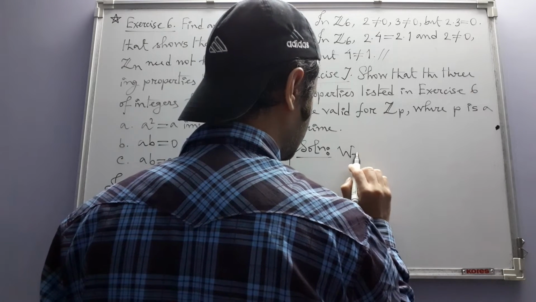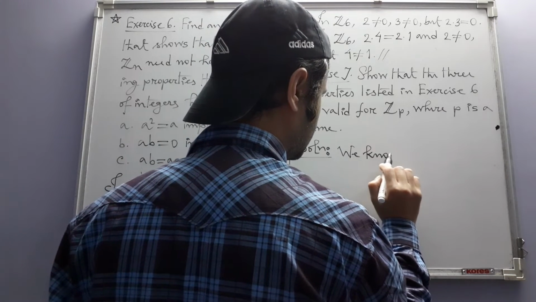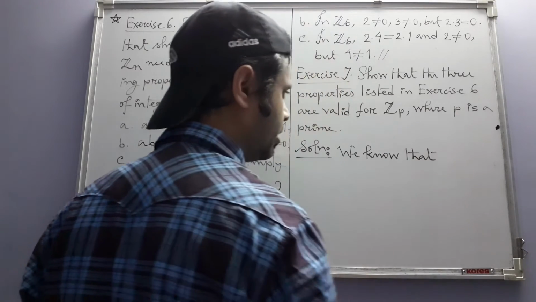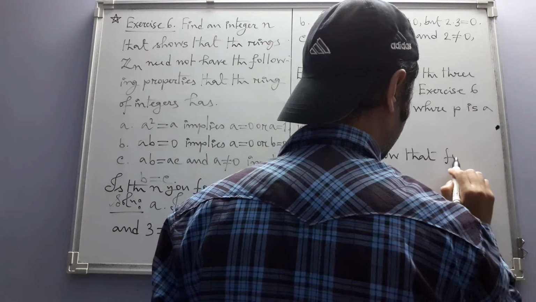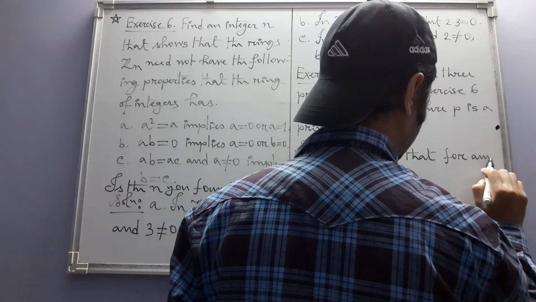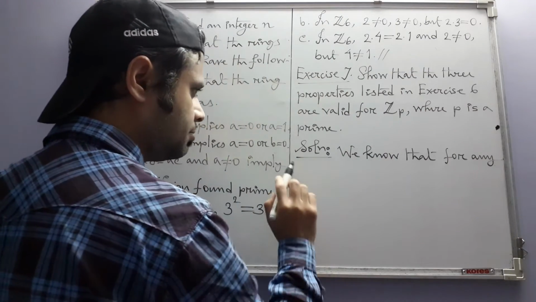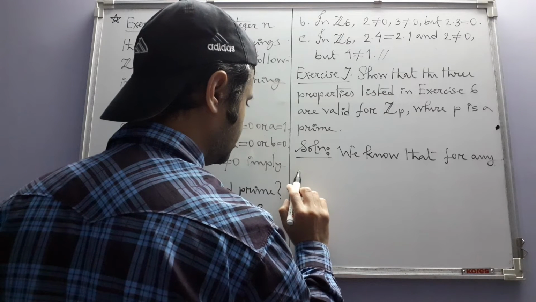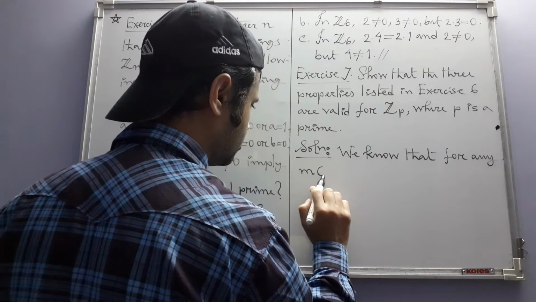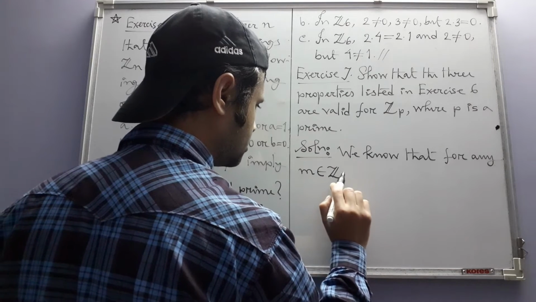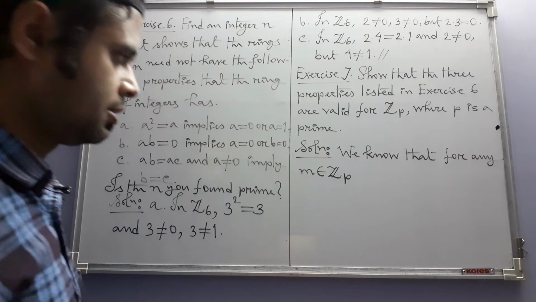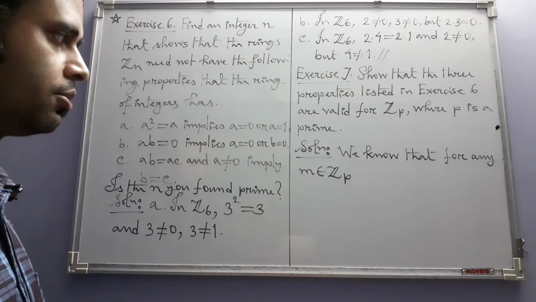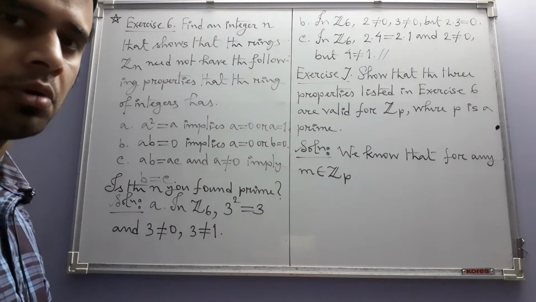We know that for any m belonging to Zp, you know what this m is. It's an integer from 0 to p minus 1.